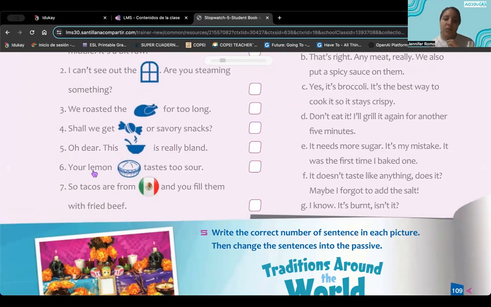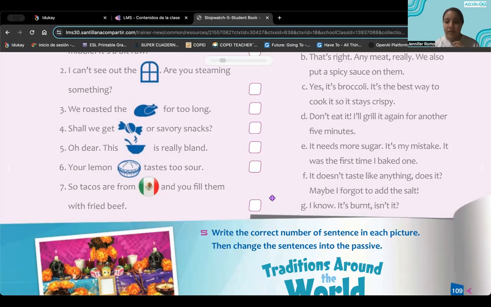Then you have, your lemon pie tastes too sour. Tu pie de limón sabe muy agrio o ácido también. So tacos are from Mexico and you fill them with beef, fried beef. Entonces los tacos son de México y tú los rellenas con carne frita.